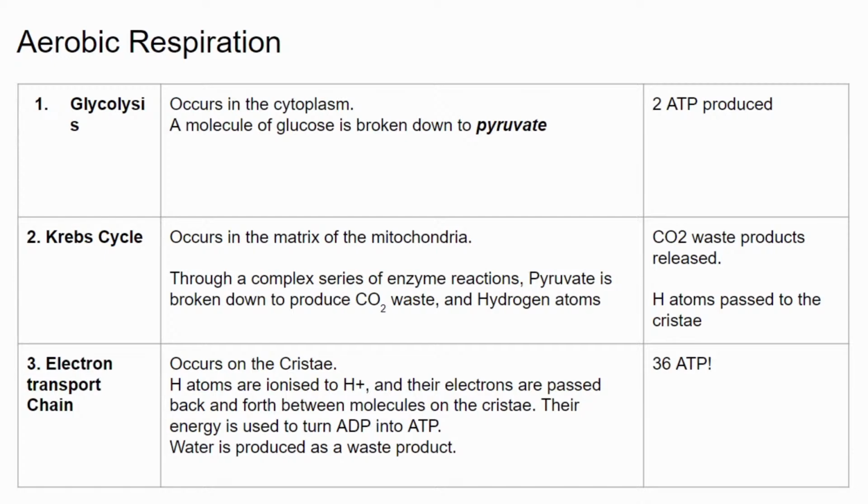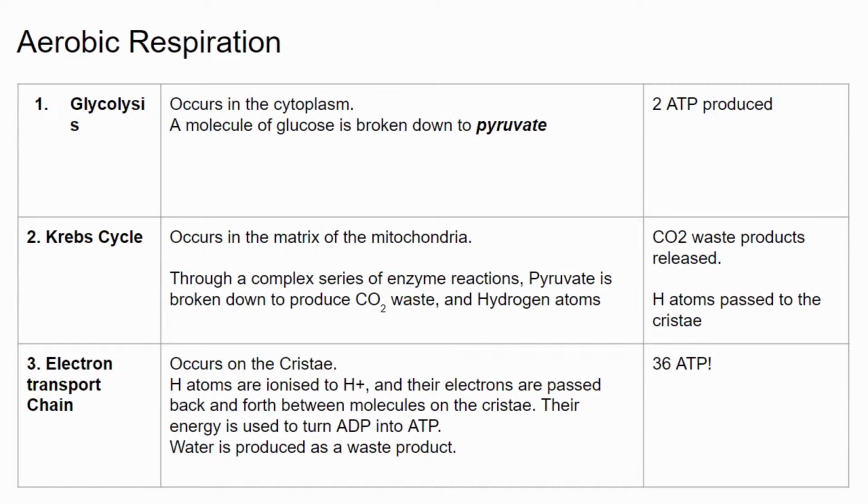That pyruvate is then moved into the mitochondria. Okay, so it goes through the Krebs cycle. This occurs in the matrix of the mitochondria, the jelly-like filling, if you like, which is packed with enzymes. Through a very complex series of enzyme reactions, those pyruvate molecules are broken down to produce hydrogen atoms, which is the useful part, and carbon dioxide.